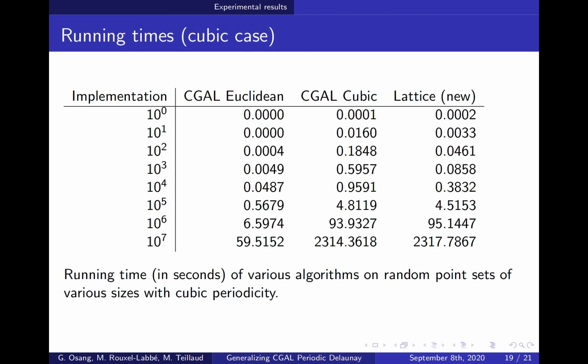You can also see this in the left-hand column: the Euclidean case is significantly faster than the periodic cases. Ten years ago, if you did this comparison between the Euclidean and the cubic case, they had roughly the same runtime, but now the Euclidean case got optimized and the cubic case didn't see these optimizations.